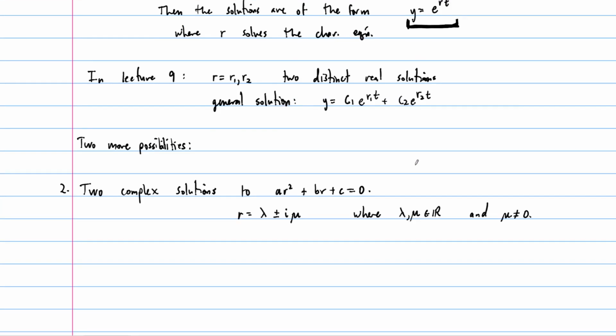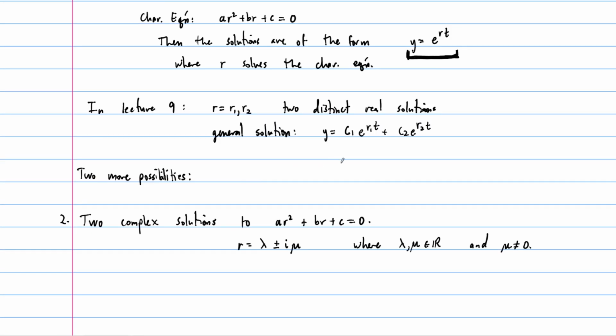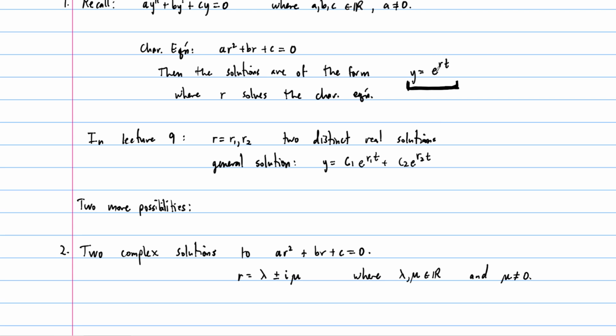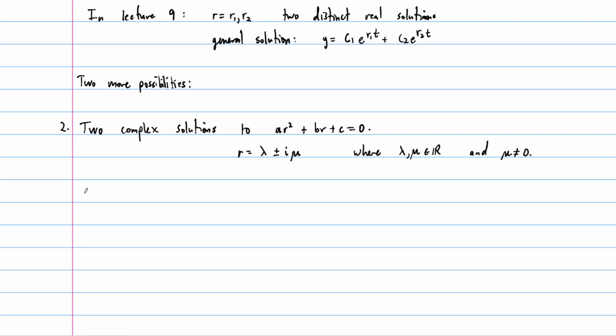So if these complex numbers are the ones that belong in the exponent, then this is the solution. The solution in this case is of the form y equals e to the rt again, which in this case will be e to the lambda plus or minus i mu t.